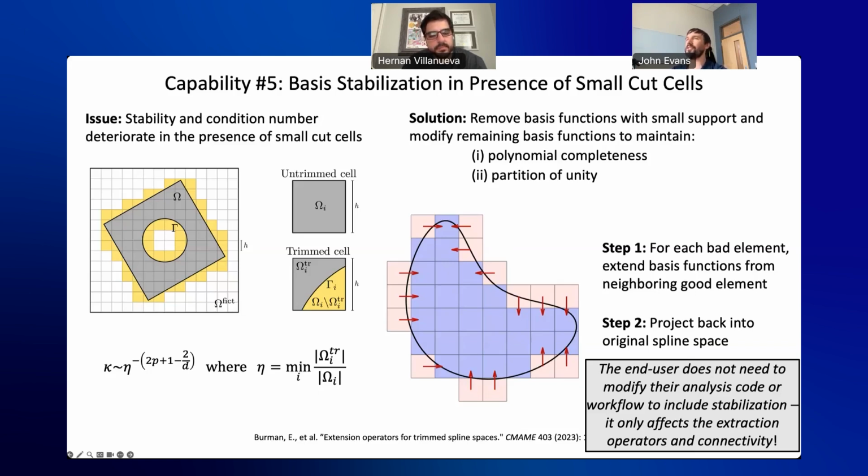The way it essentially works is, if you have a bad cut cell, rather than utilizing the original approximation over that cut cell, you look at a neighboring good cell and do a polynomial extension into that cell.